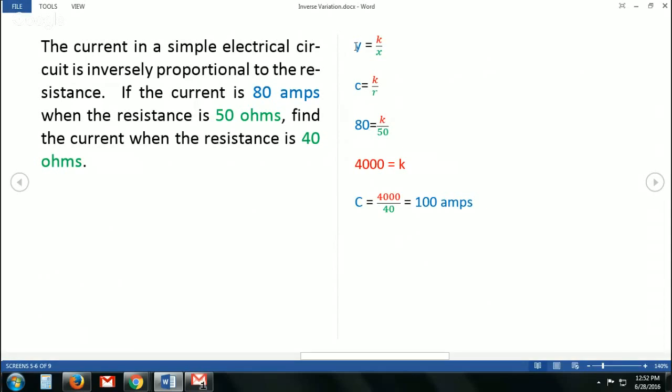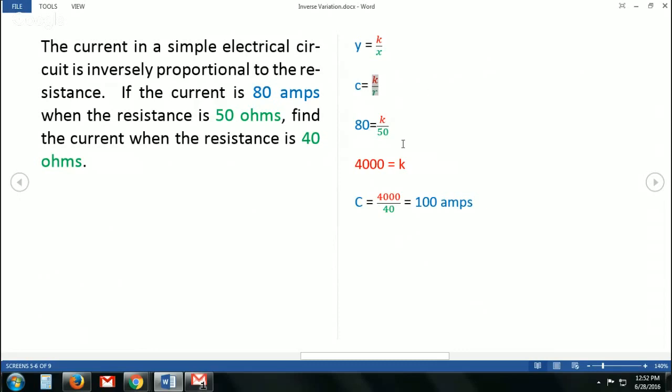Well, our working equation is y equals k over x. Notice that it says that the current is inversely proportional to the resistance that we have. So current is inversely proportional to resistance, and k is a constant of variation.